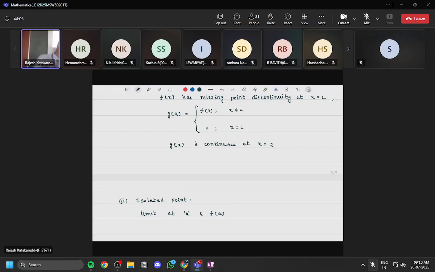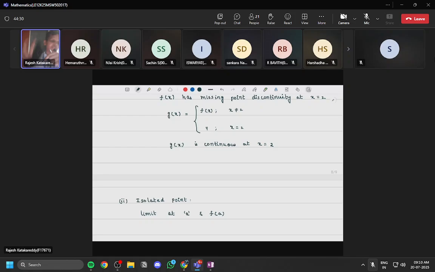They will give f of x equals piecewise: 1 minus cos x by x square when x is not equal to 0, and some k when x is equal to 0. That is a redefined function. Technically, 1 minus cos x by x square is not defined at x equals 0.